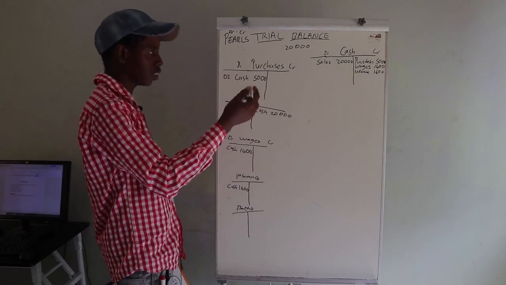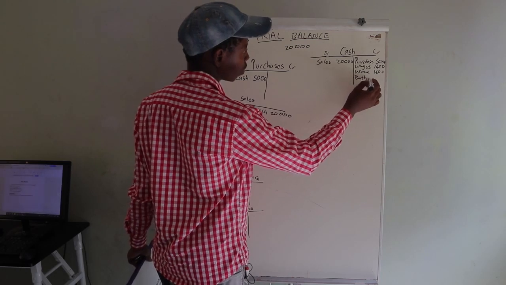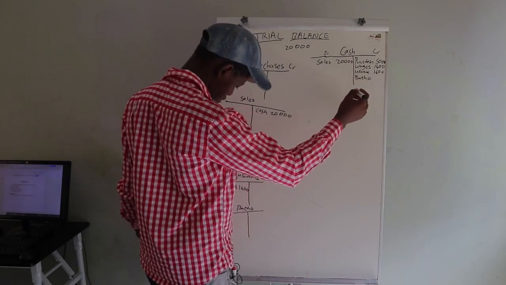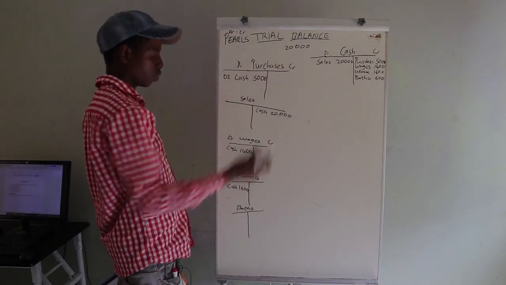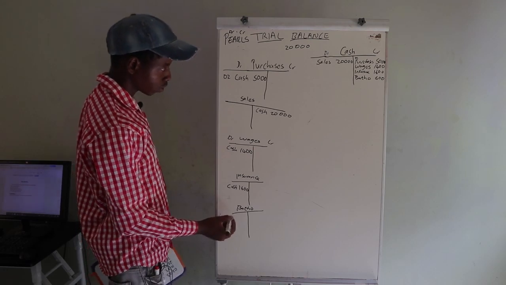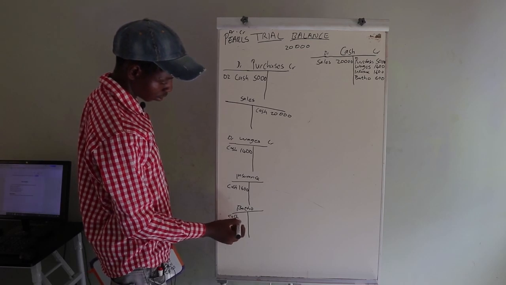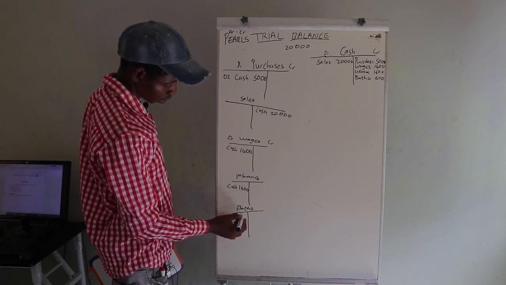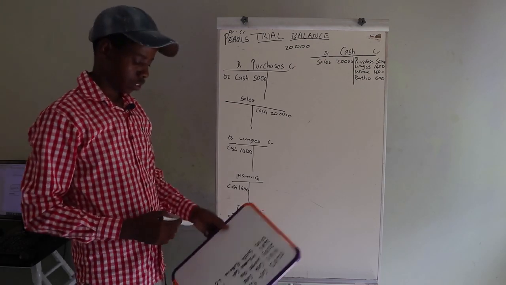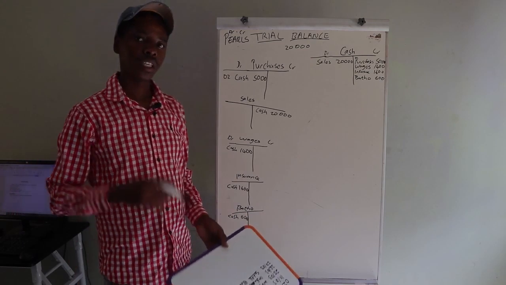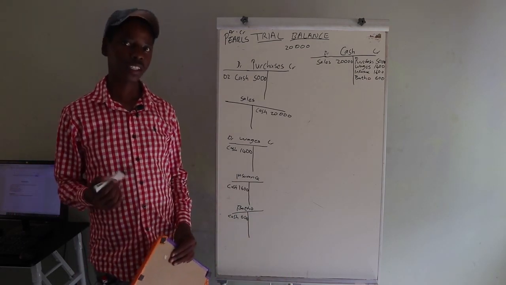So we're going to credit it and write BAT, right? It was 600. So automatically, when we come here, you write cash, right? 600. So that's how we record our transactions, right?